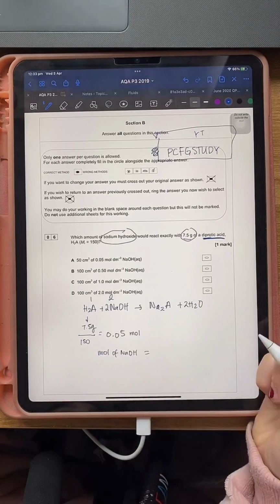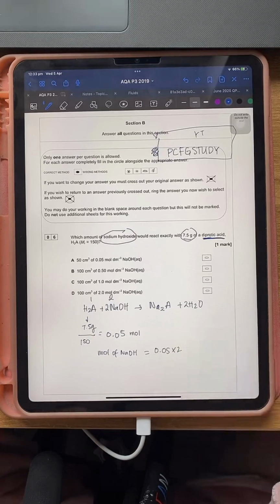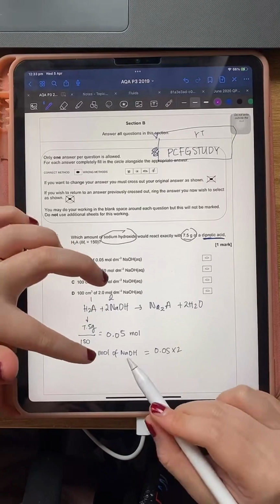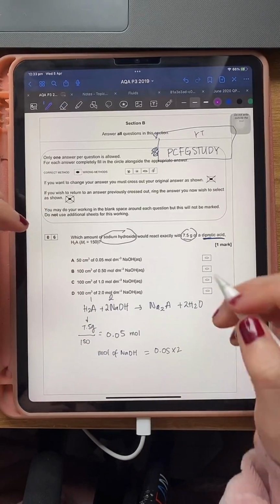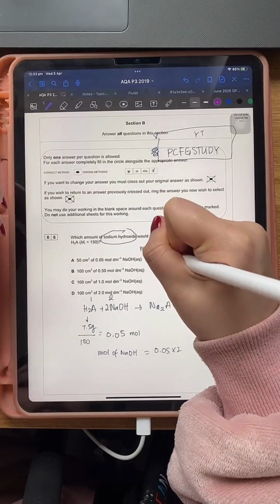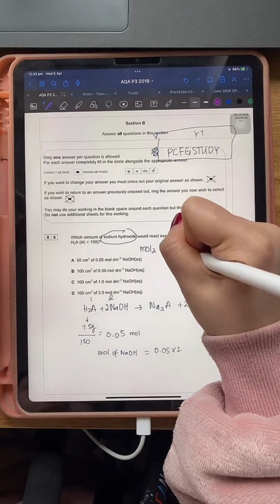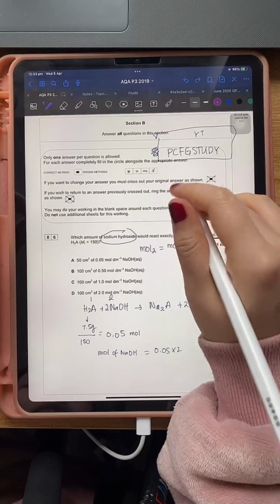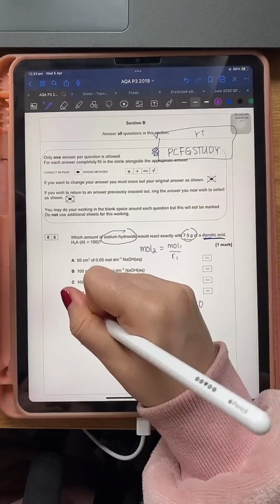Let me give you guys a secret. If you guys don't know how to use the ratios for this, I'll give you a formula that I made. Mole 2, so that's the second mole of whatever you're finding, is equal to mole 1 over ratio 1, multiplied by ratio 2.